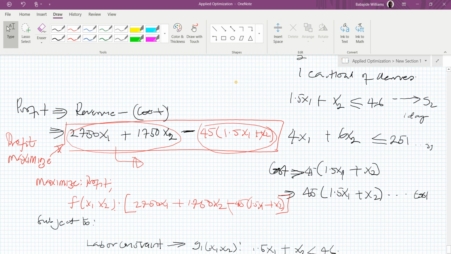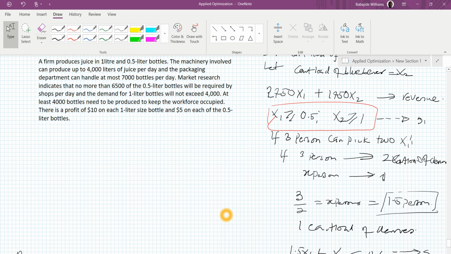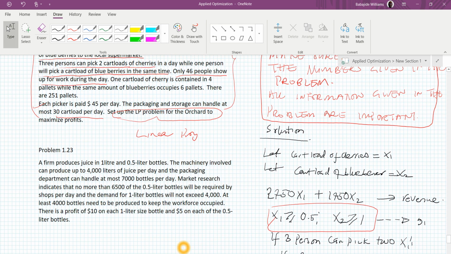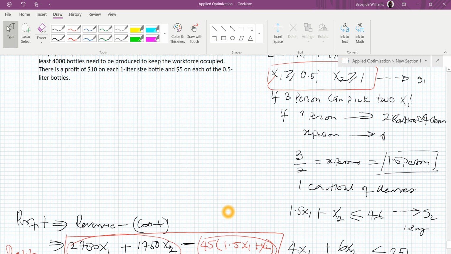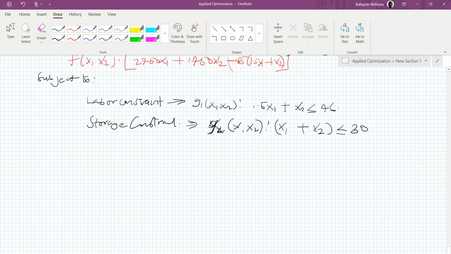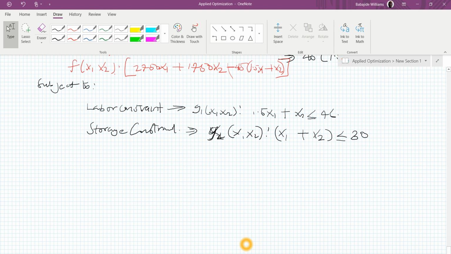Look at it: the packaging and the storage can handle at most 30 cartloads per day. It means combining all the cartloads per day, it should not be more than 30, both for cherries and blueberries. That's why we have that there.